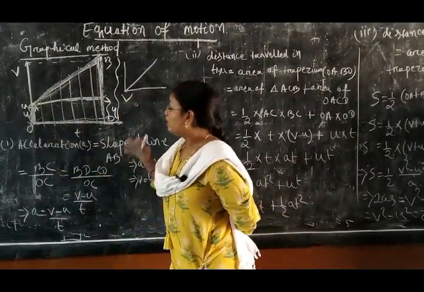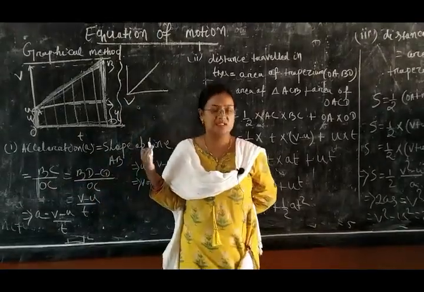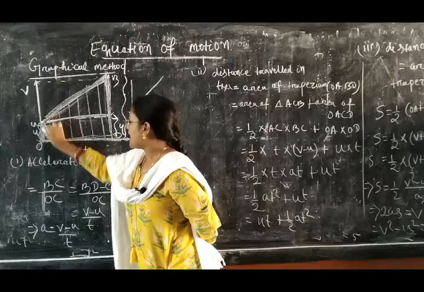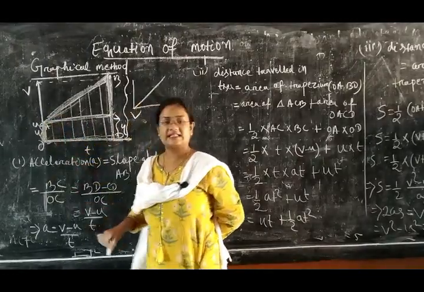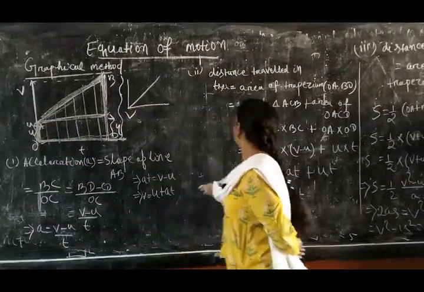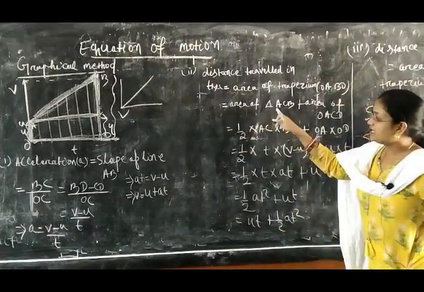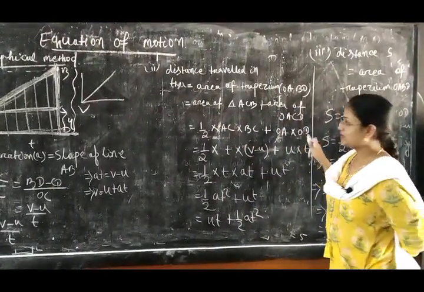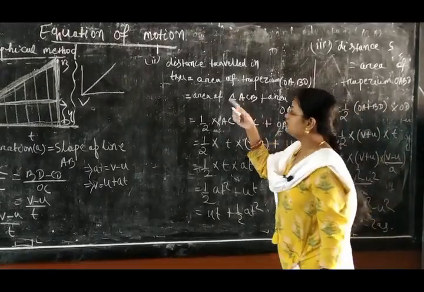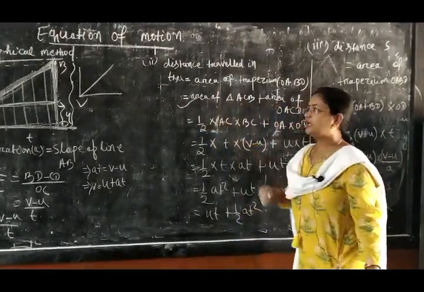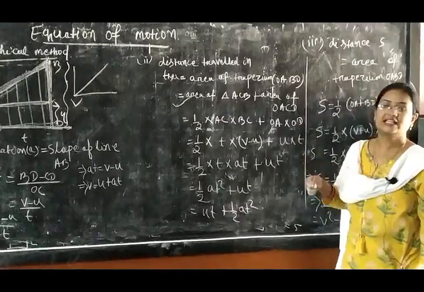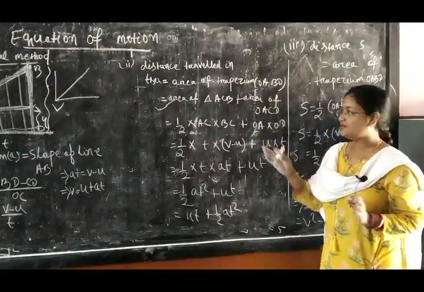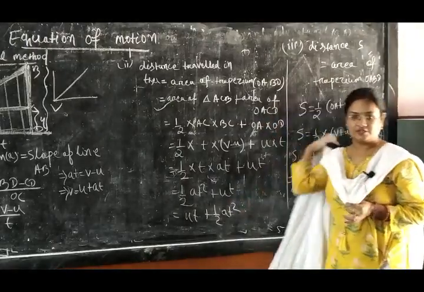You can also divide this trapezium into two figures, one a triangle and one a rectangle. So the area of the triangle ACB plus the area of rectangle OACD. If you find the area in this way, you can derive the second equation of motion. And if you find the area of the trapezium, you can derive the third equation of motion.